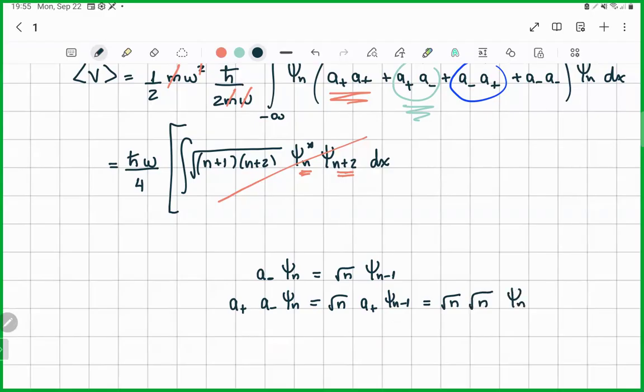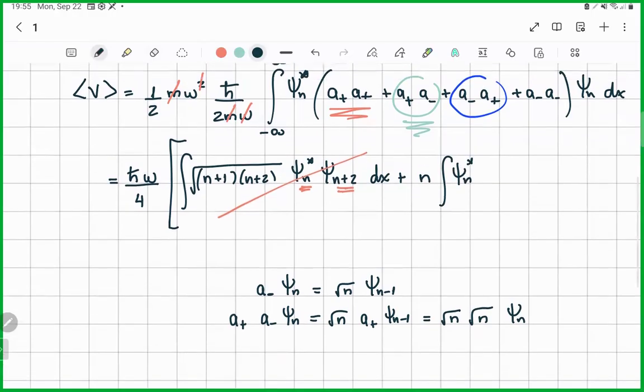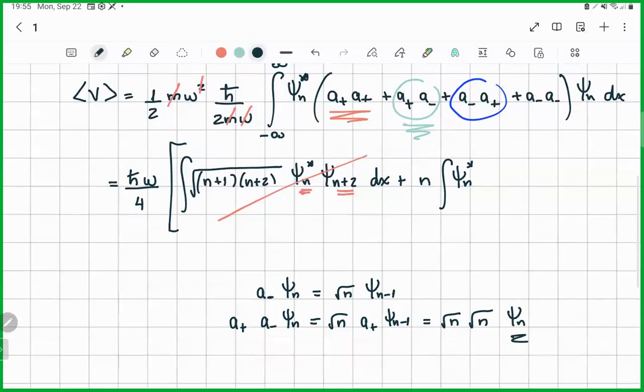So this second term, I'm going to write it also as an integral. Square root of n with square root of n became n, which is just a constant, so I can put it outside the integral, and what survived inside is psi n complex conjugate, psi n dx.